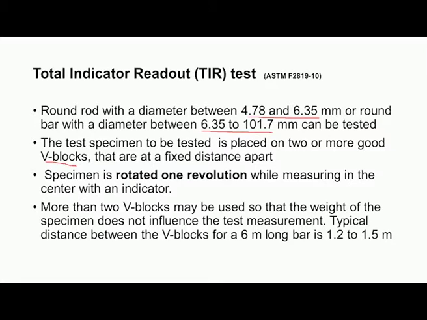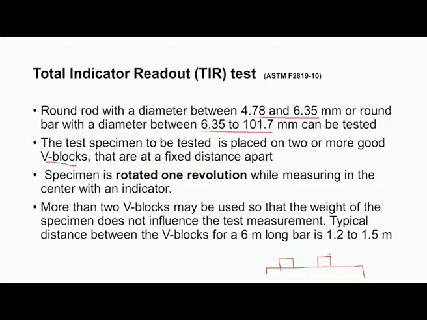Now, we have to keep the specimen on 2 or more V blocks. This is the surface plate on which we keep the V blocks, depending upon the length. If the length of the rod is 1 meter, then we require only 2.